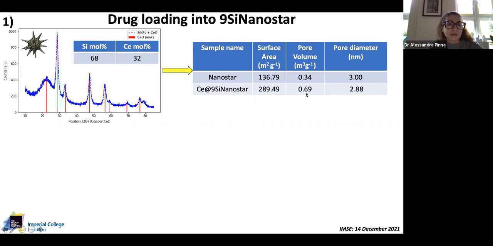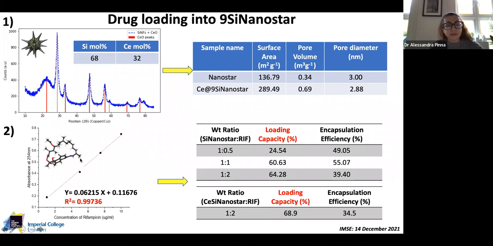This is a bit different with respect to other types of drug encapsulation that I have done in the past, because when you encapsulate a drug inside the pores, you have a reduction of surface area. In this case, we have an increase. So it means that the cerium oxide is mostly on the surface of the spikes.